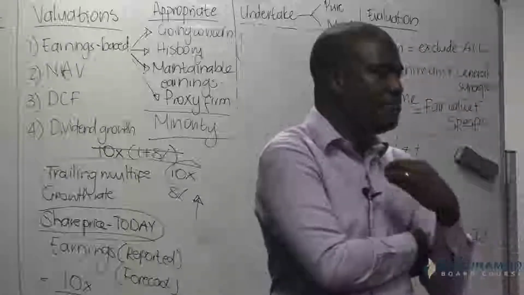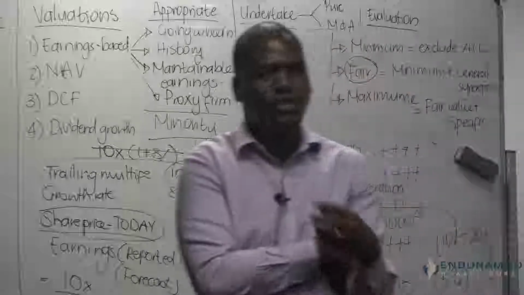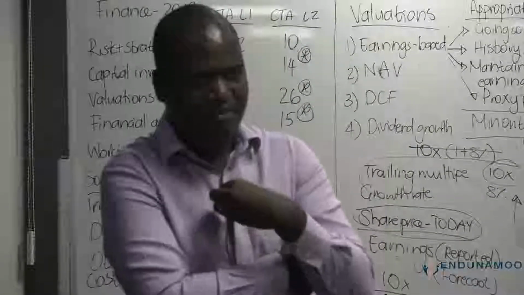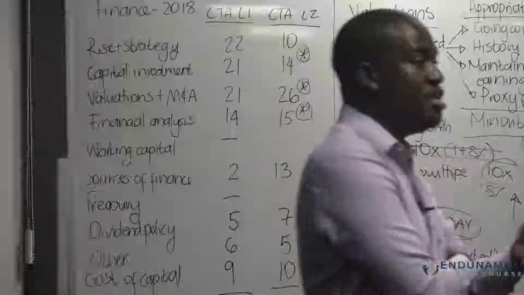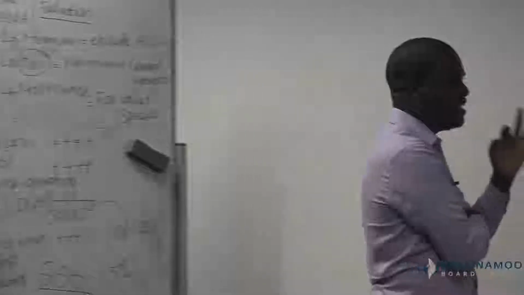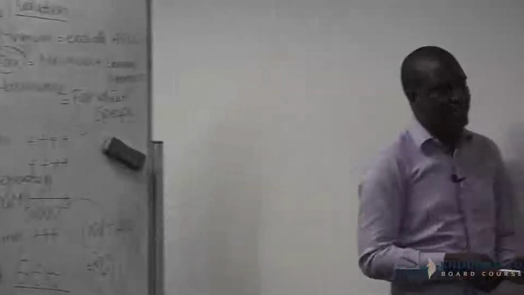Because I am the only one who has the capacity and the ability to sell an asset and make more money, that is a benefit only attributable to me. As a result, we call that a specific synergy. We'll only include it if and only if they ask for a maximum value. Does that make sense?